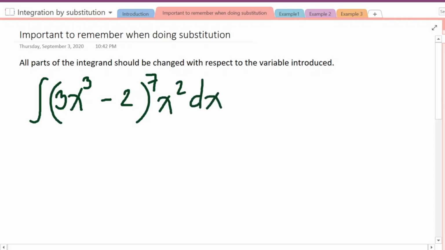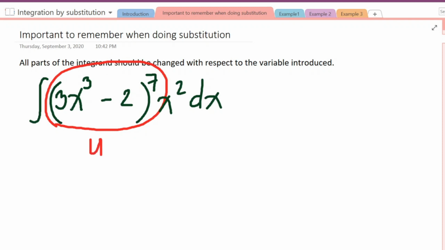Suppose further that we are going to let this part of the integrand be the value of our u, so we are introducing the variable u. Then we need to make sure that we find a substitute for the rest of the integrand, which is x squared dx, and we do that by exploring the derivative of u.